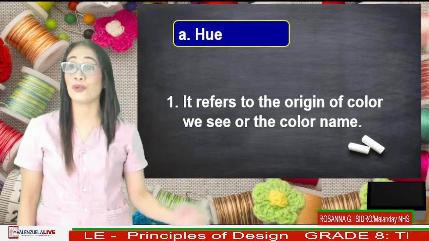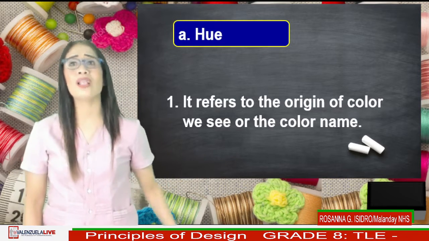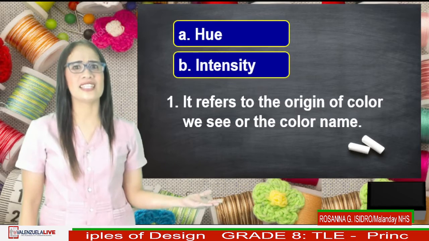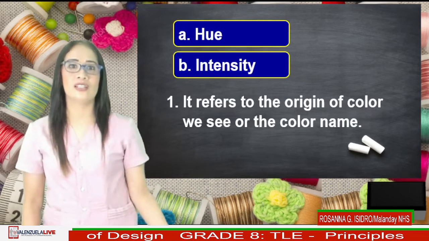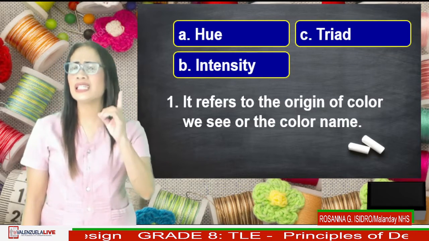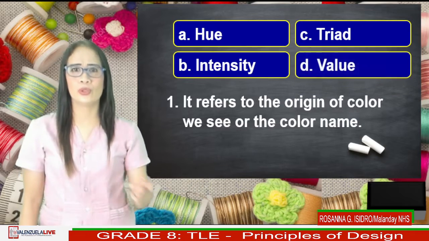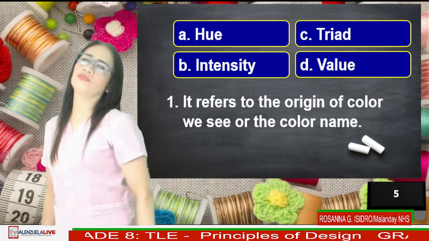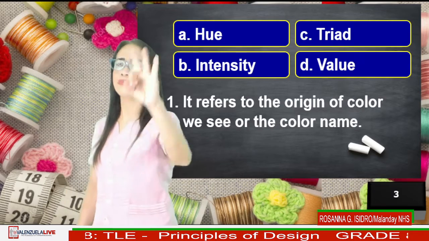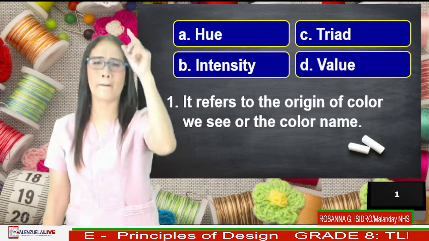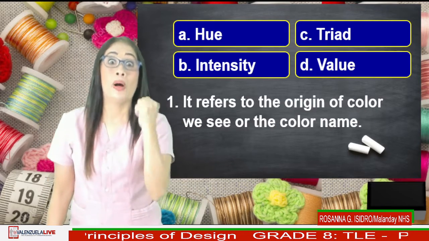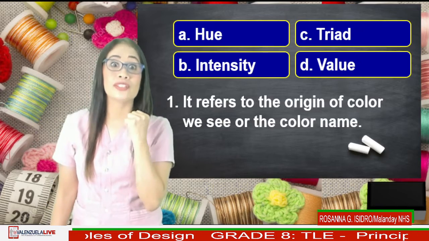It is letter A, hue, or letter B, intensity, letter C, triad, or letter D, value. Your time starts now. 5, 4, 3, 2, 1. Folks, your time is up.